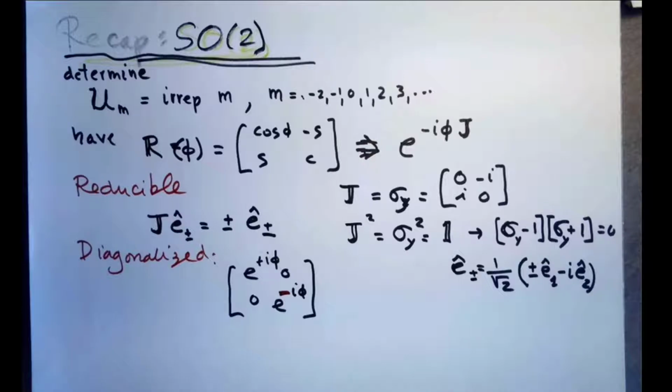But now we're still at SO2. There is only one of these Hermitian matrices. SU2 will have three of them, three Pauli matrices. We're only using one to generate SO2 rotations. You might think, okay, so it turns out that when I think in terms of complex numbers, I have two complex phases as irreducible representations of rotations.